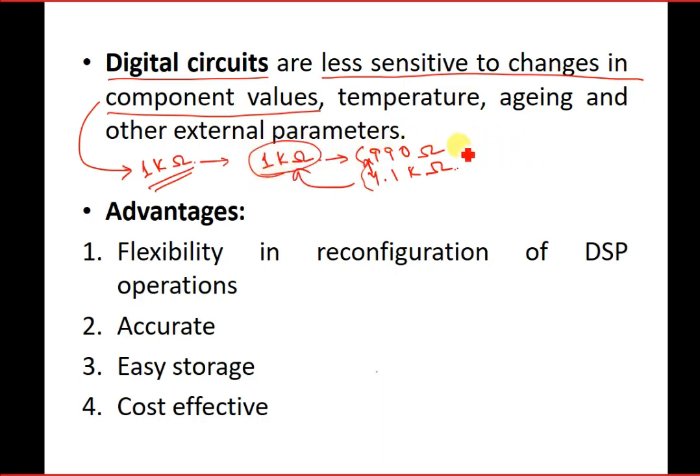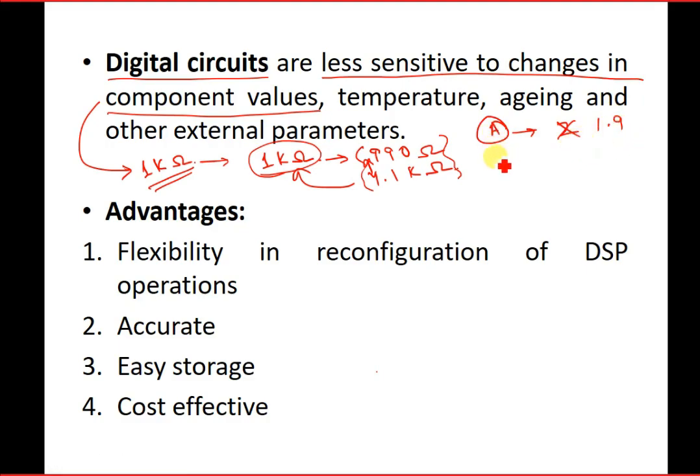Because of these variations, suppose you are developing one circuit, say circuit A, and it is giving a gain of 2. You are expecting a gain of 2, but you have used a value of 990 ohms. So will you get a gain of 2? No, you will not. It may be, for example, a gain of 1.9.